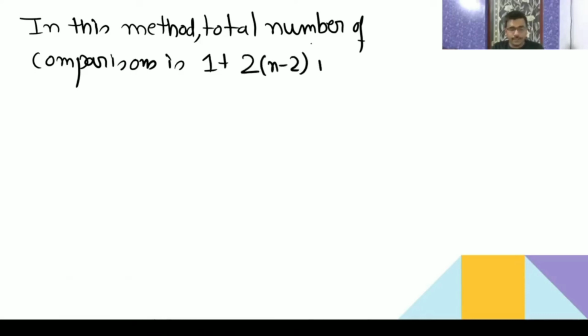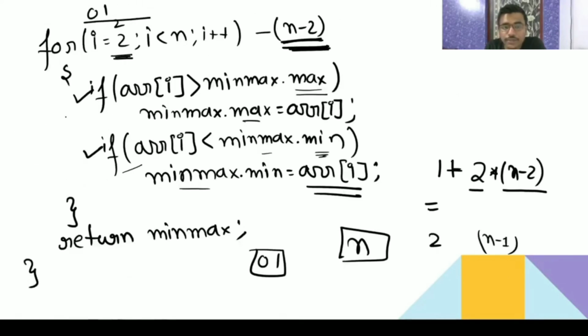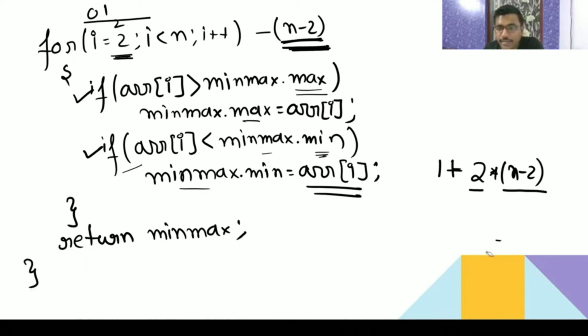In the worst case, when you are considering all the comparisons, when will the worst case happen? See, now let me take some array.